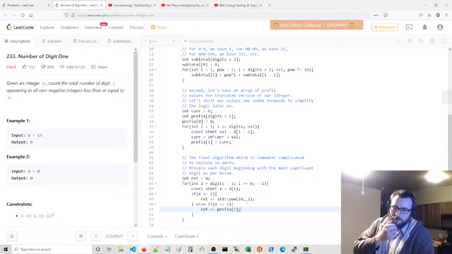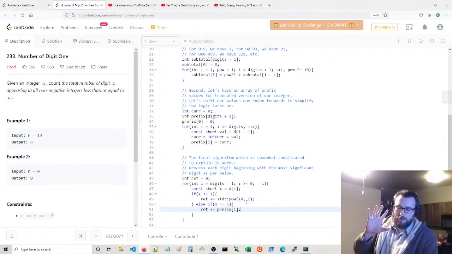So if you were at like 15, for instance, then 5 times you would see 1, and you would have accounted for 0 through 1, which is 1 time, and now the prefix of 5.